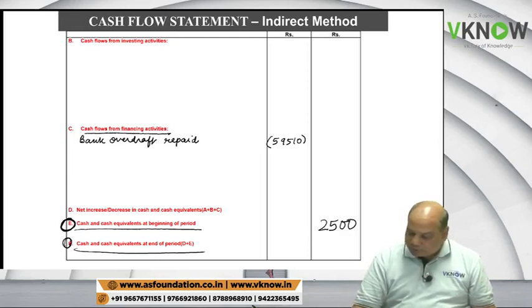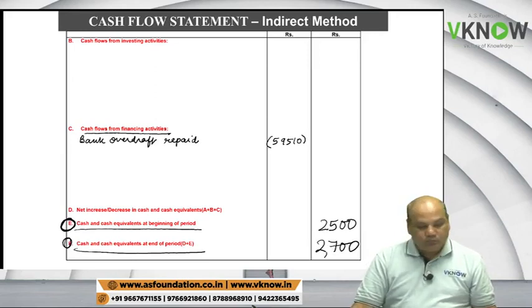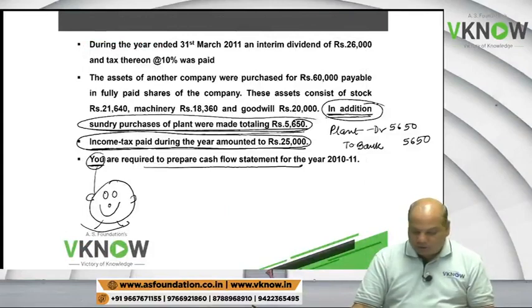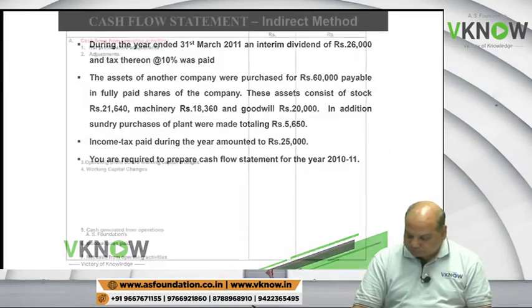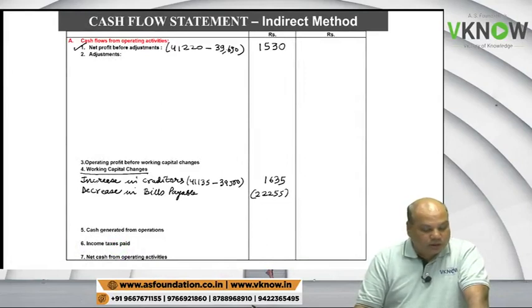Point number F, cash and cash equivalent at the end of the period is 2700. Next line, sundry debtor, sundry advance and inventory.